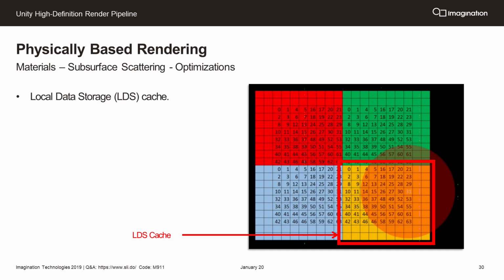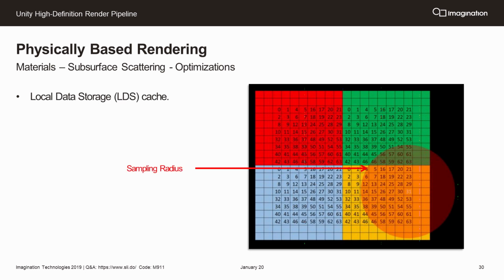You can also notice a 2-pixel wide border around the cache, and this is there to increase the number of cache hits. Finally, this circle is the sampling radius for our diffusion profile. And as you may notice, a majority of the samples lands within the cache, thus reducing the number of redundant texture fetches required for subsurface scattering.